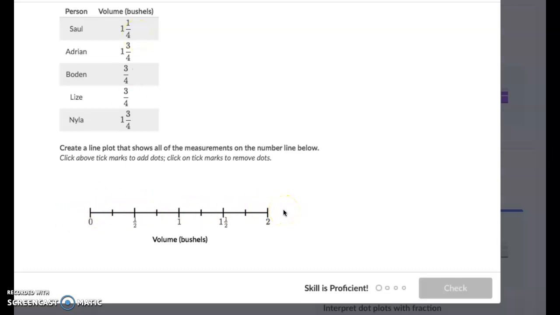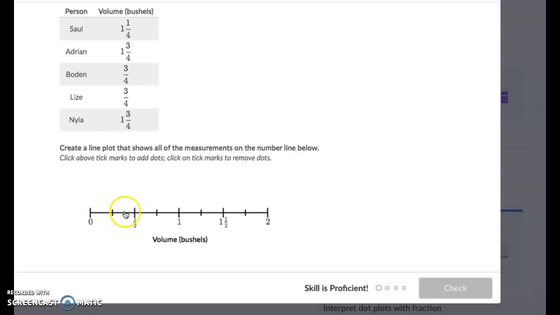Well, we can do that a few different ways. One way I like to look at it is between 0 and 1. I count the hashtags. There are 1, 2, 3 hashtags, which means there are 1, 2, 3, 4 spaces. If there are 4 spaces, that means each hashtag is really 1/4.